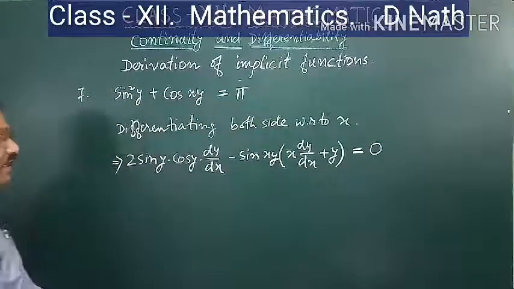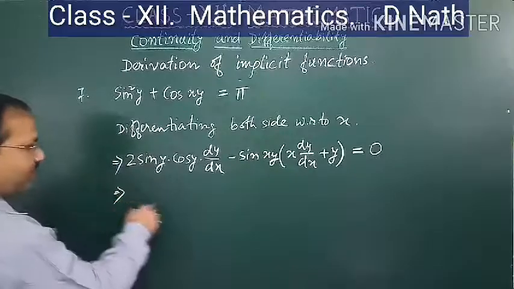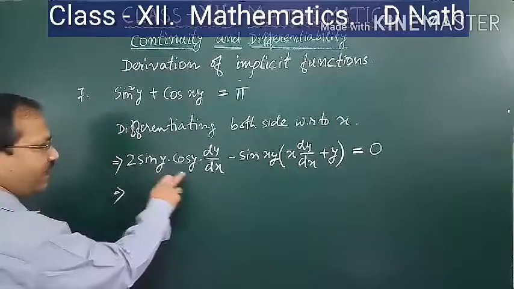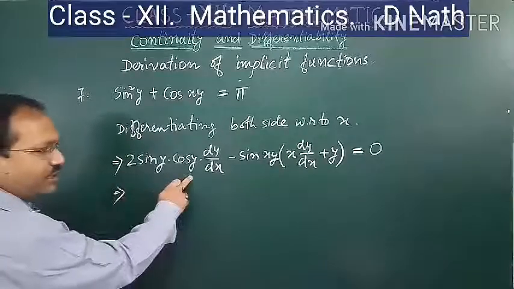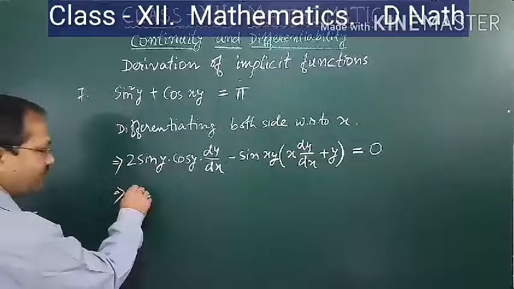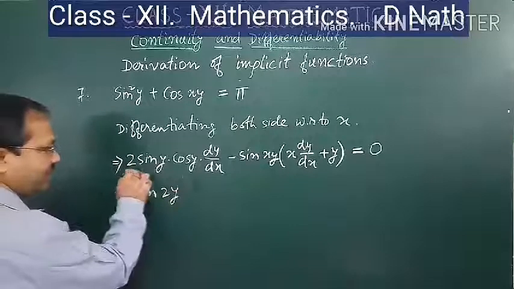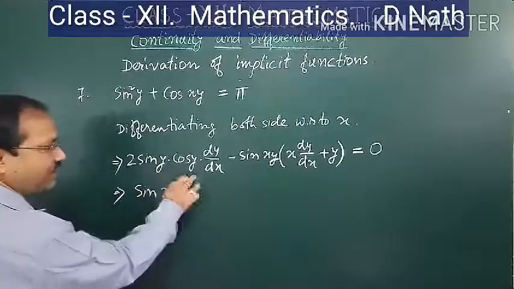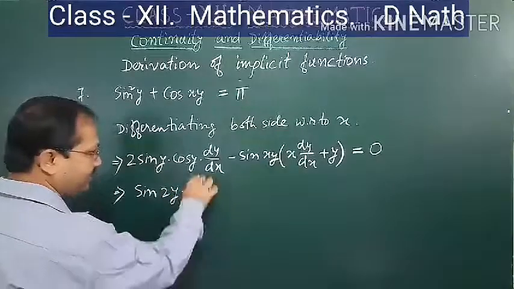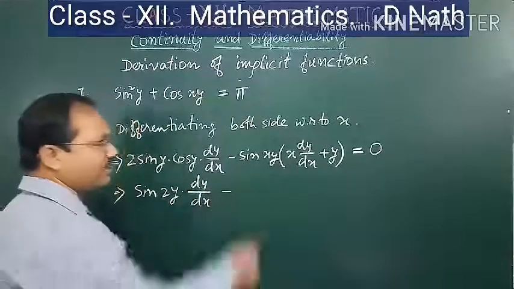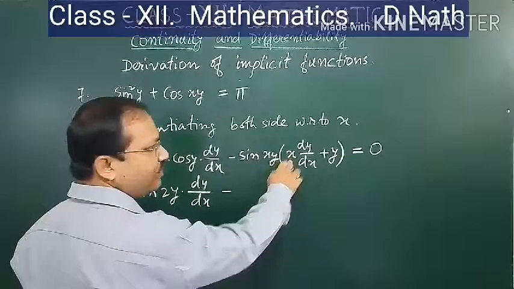Now you have to do the product. Here two terms are there, so 2 sin y cos y. 2 sin a cos a is sin 2a, so this 2 sin y cos y can be written as sin 2y, into dy/dx, minus sin xy into x dy/dx.